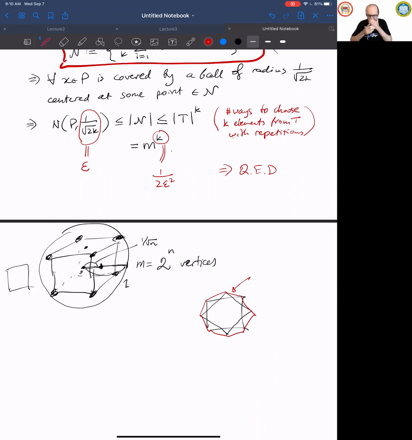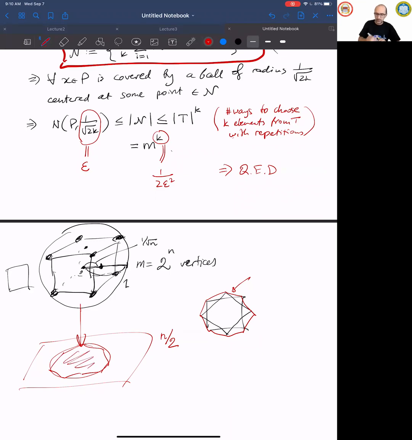And another theorem. You take the cube and randomly project it, just rotate and project it onto a space of dimension, let's say, n/2. The result is some complicated polytope, but that polytope will approximate the ball. That will be a very good approximation already.